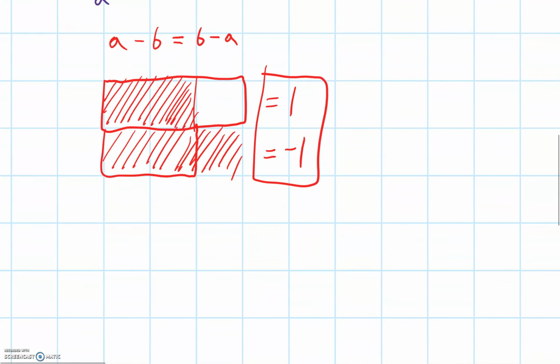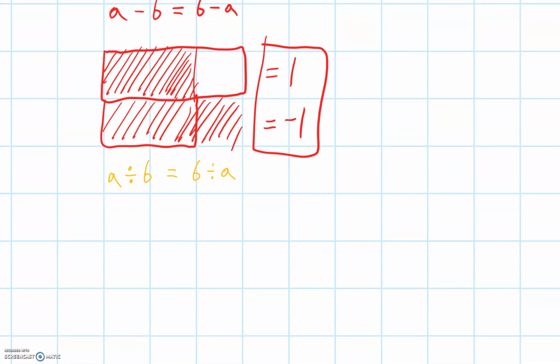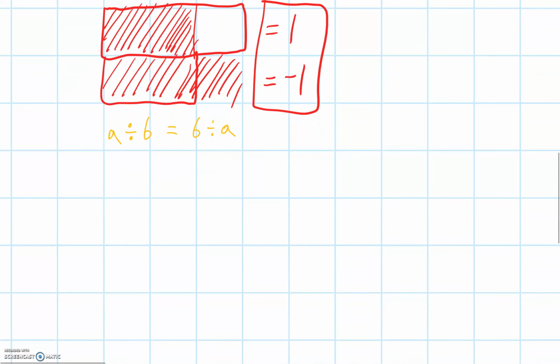So that's subtraction. And last but not least, we have division. So if we can take A divided by B, can we make that equal to B divided by A? Well, remembering that division is just the opposite of multiplication, if, for example, we have a rectangle like this, and the number of squares inside is A. This is the number of total squares inside, which is 8 in this case.